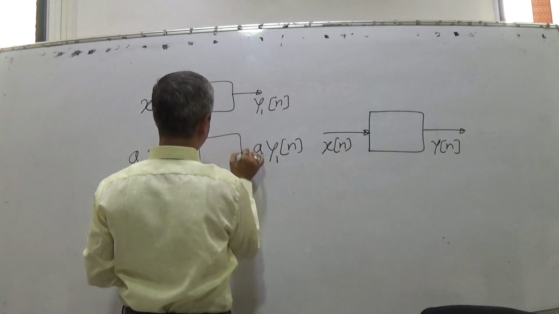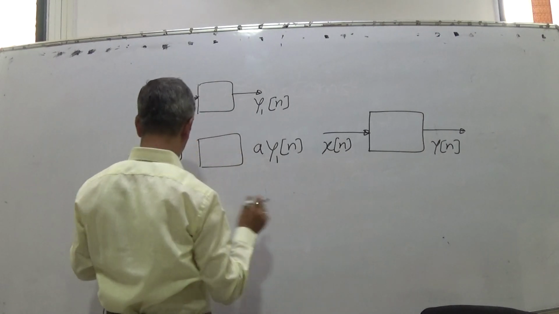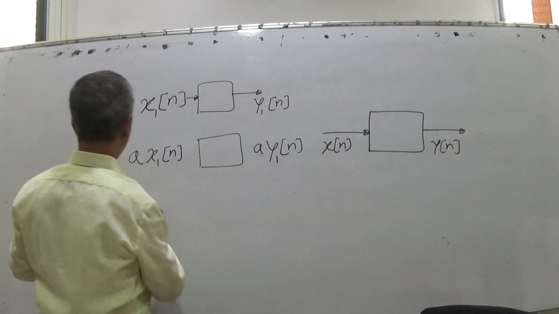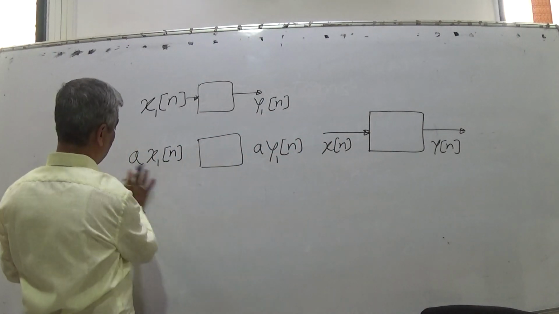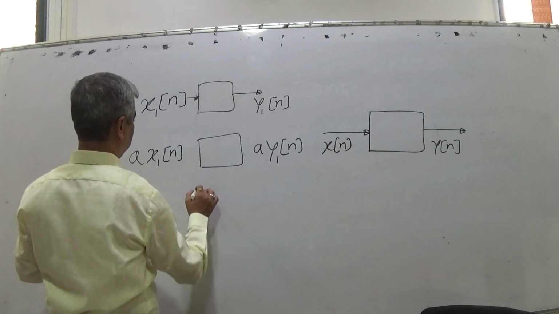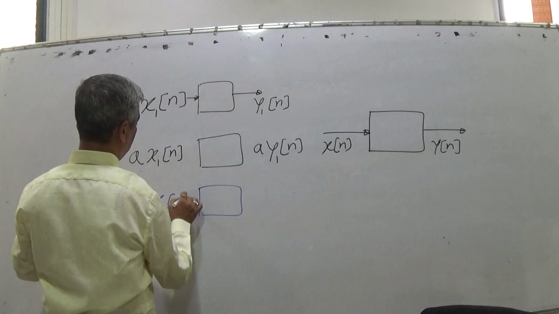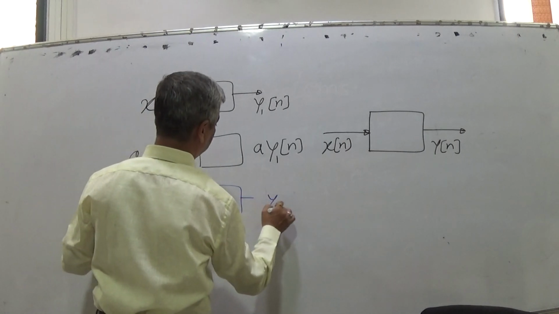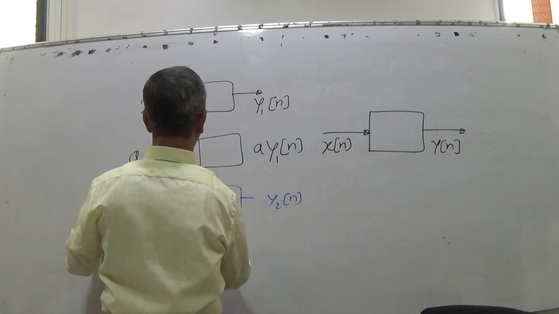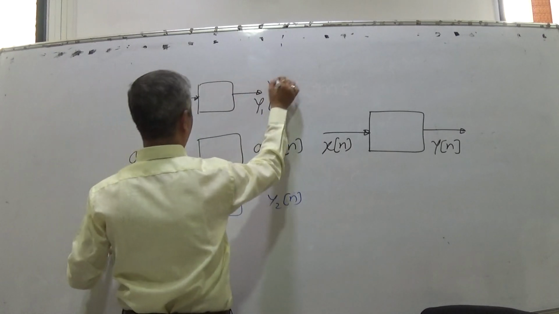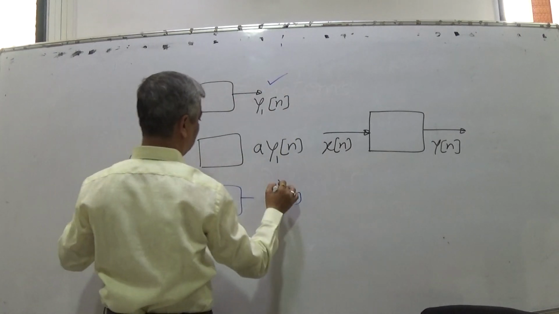Sometimes for a non-linear system we may not get that. Or if I apply another sequence, x2[n], I obtain y2[n].